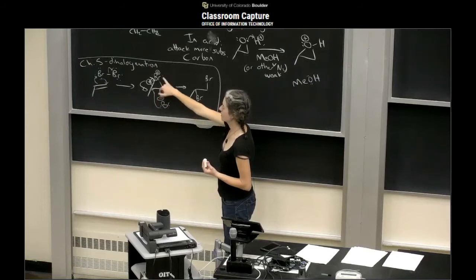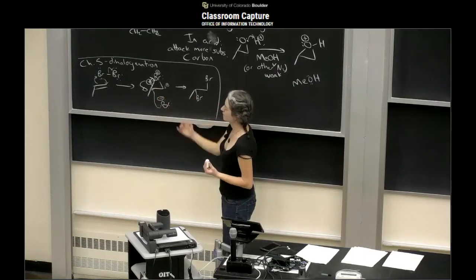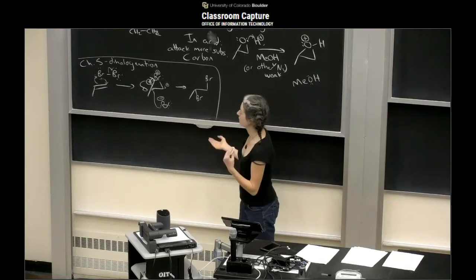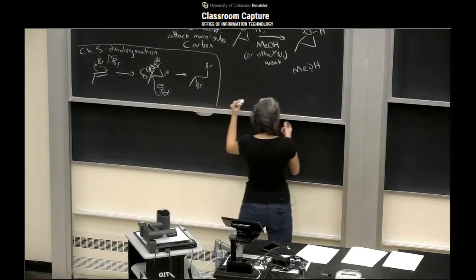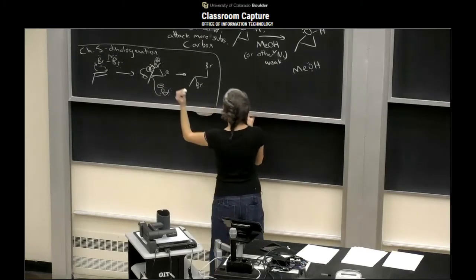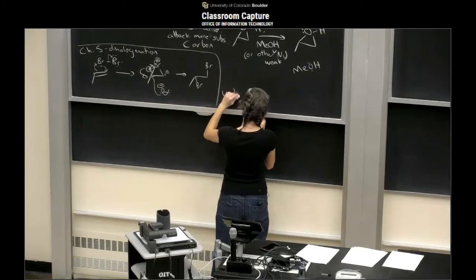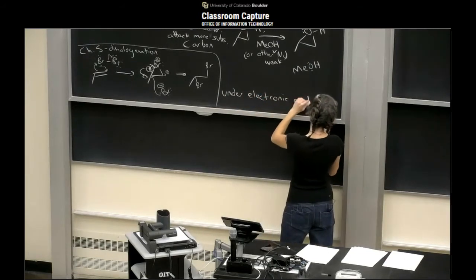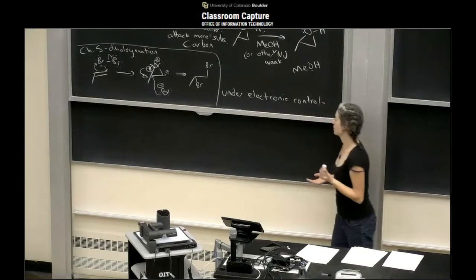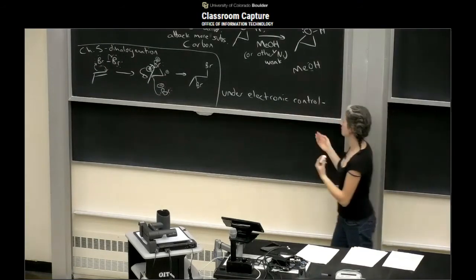The description we use to describe this is that it's electronically controlled, or under electronic control. So in other words, the charge is what dictates the outcome of the reaction.